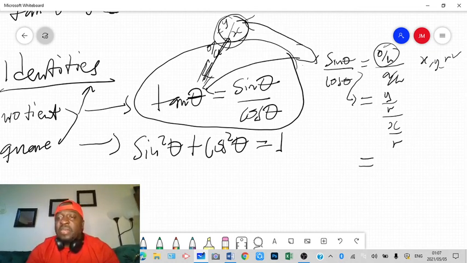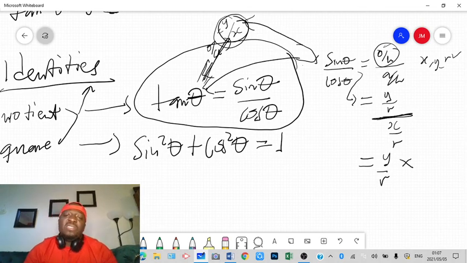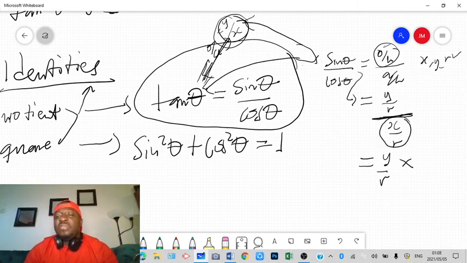Simplifying this mathematically, y over r, this is division. So for us to change this division, we change it to multiplication, which is your algebra. When you change this division to multiplication, remember the fraction at the bottom is going to reciprocate.